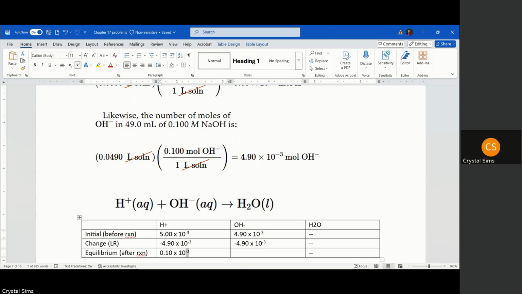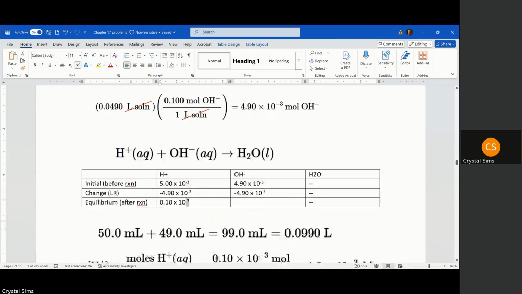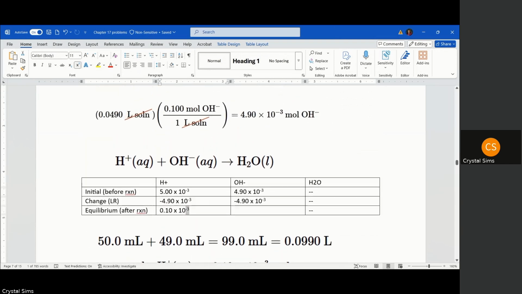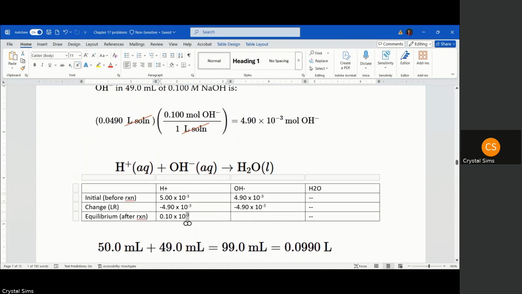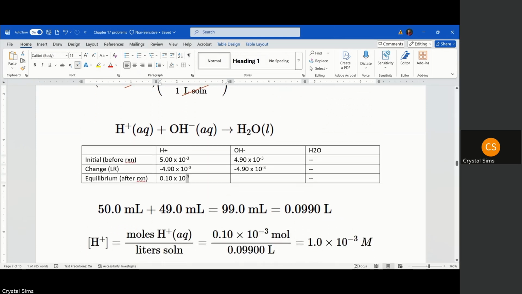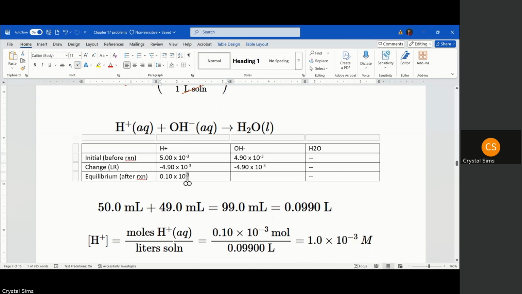Now, because we're adding the sodium hydroxide to the initial 50 milliliters of solution, we have to account for that. So we have 99 milliliters now of solution, which is 0.0990 liters. So now we look at our moles of the hydrogen ions divided by liters of solution.